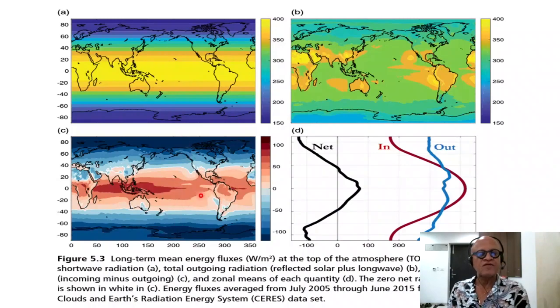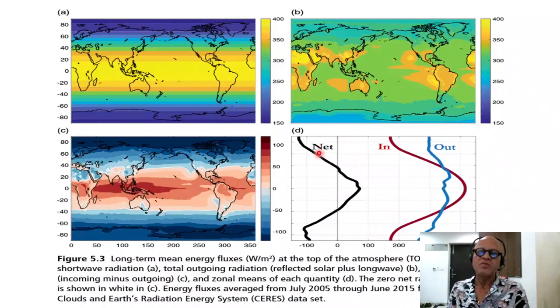So a combination of cold sea surface temperatures, clouds, albedo, and so on give you a pattern that looks almost like sea surface temperature here. So you have cold temperatures here, warm temperatures here, cold temperatures here, and so on, and then the subtropical gyres, subpolar gyres, and high latitudes. So this is a different way of depicting it, but you get the picture.